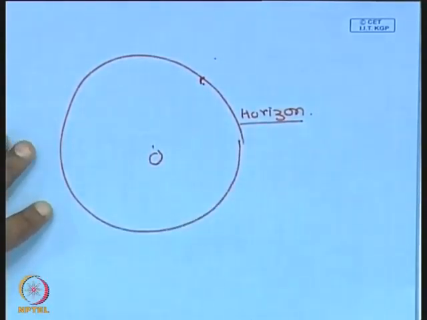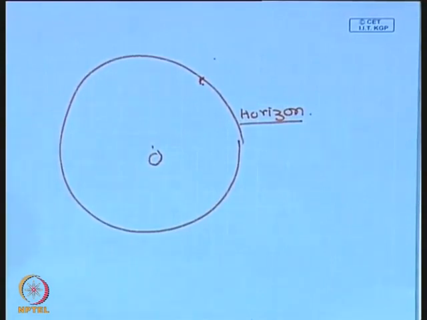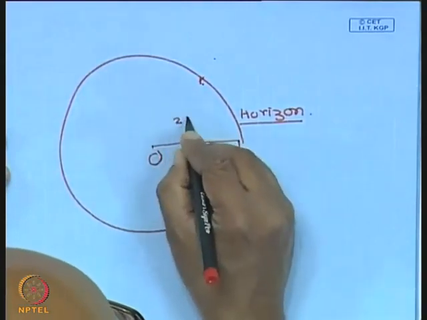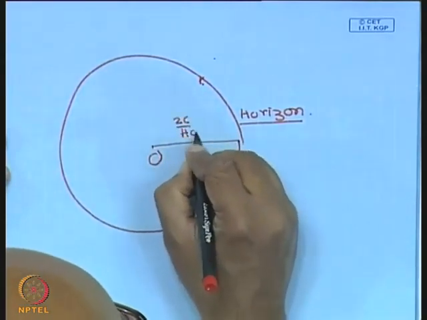That corresponds to the Big Bang. Okay, I cannot see anything in principle earlier to that, because the universe was not in existence. The photon started traveling a finite time period ago, and the co-moving distance it could cover in this cosmological model is 2c by h naught.